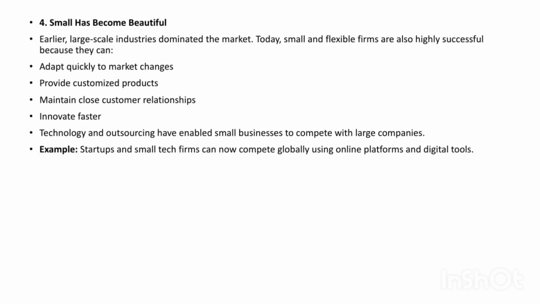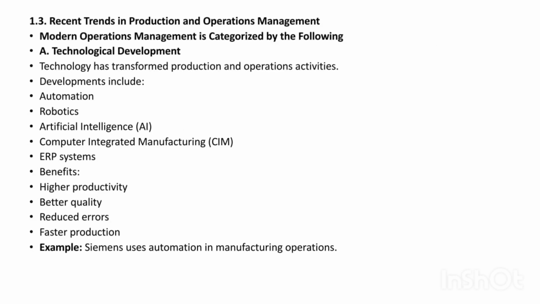Now let's move on to the next subchapter, that is recent trends in production and operations management. So the first one, that is the modern operation management, is technological development. So technology has transformed production and operations activities. The developments include automation, robotics, artificial intelligence or AI, and computer integrated manufacturing and ERP systems.